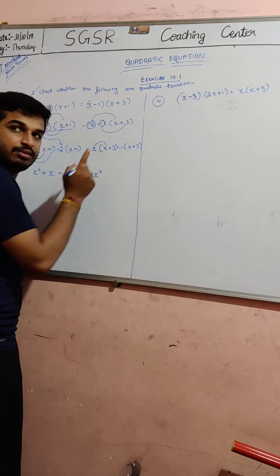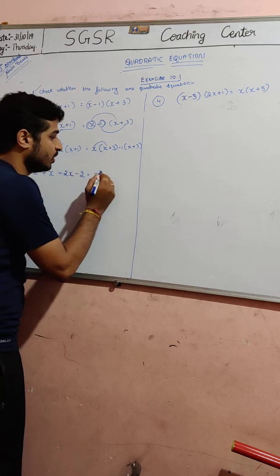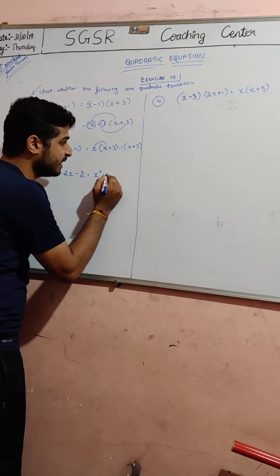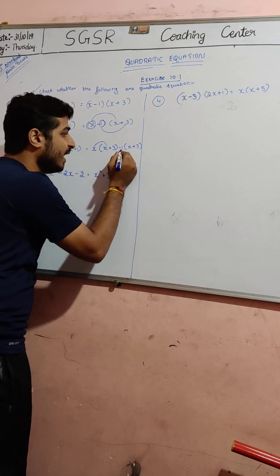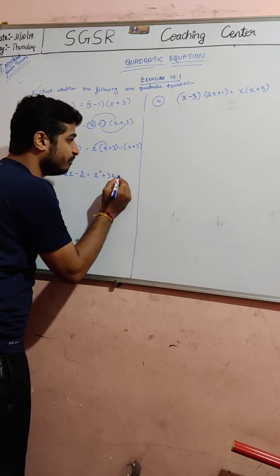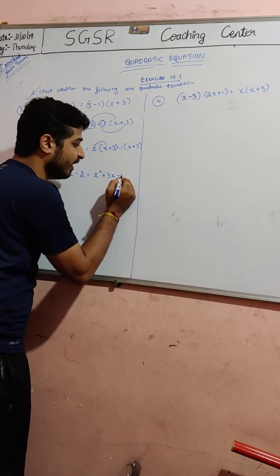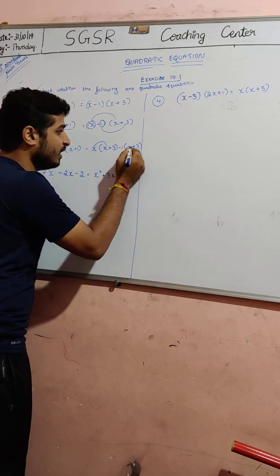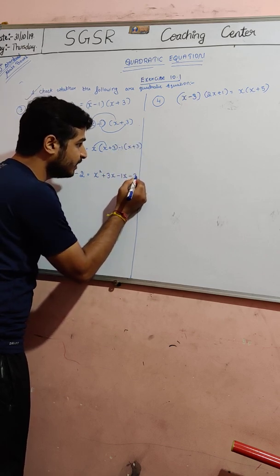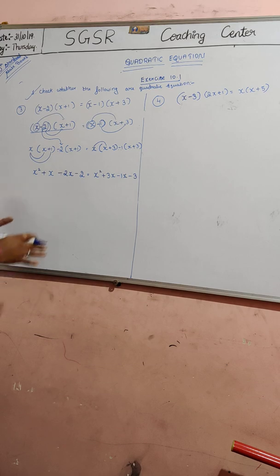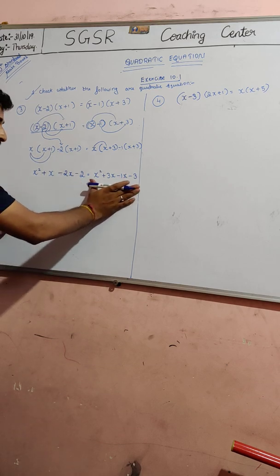So 3 into x, 3x. Now minus into plus becomes minus 1x. So minus into plus, here also minus 1 into 3, 3. Okay, till here it is clarified.